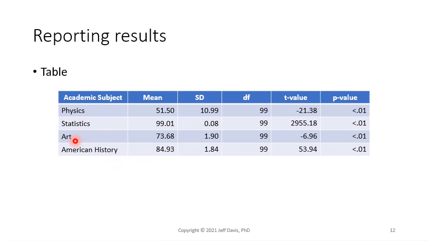For art, we have 73.68 for a mean, standard deviation of 1.9, DF of 99. This mean falls a little bit closer to the mean of 75, but it's still different enough for us to say that it's probably unlikely that we would observe a mean of 73.68 in a distribution of random error in which the mean is 75.